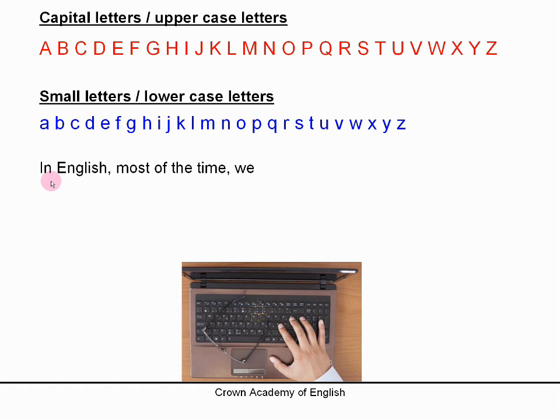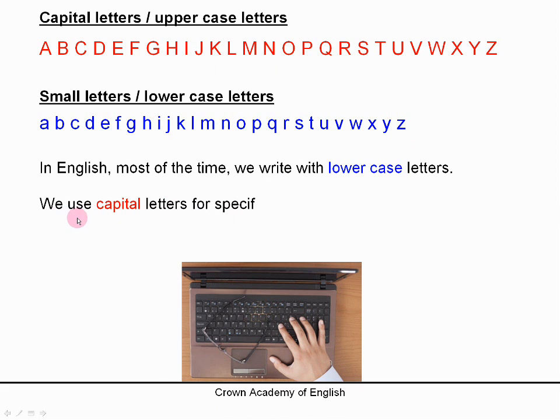Now, in English, most of the time we write with the lowercase letters. So most of the time we write using these letters here. And we use the capital letters for specific situations. As a general rule, since the capital letters are bigger, we use capital letters to contrast with the small letters.